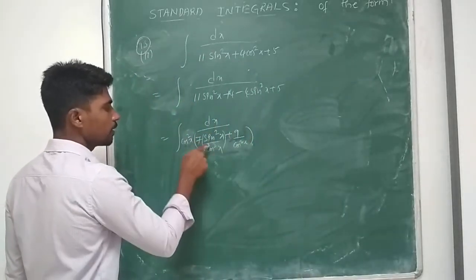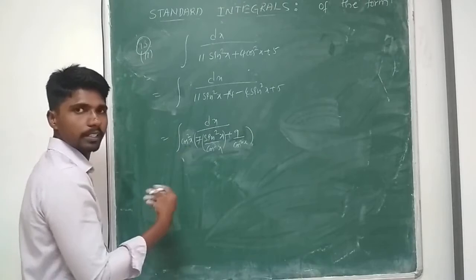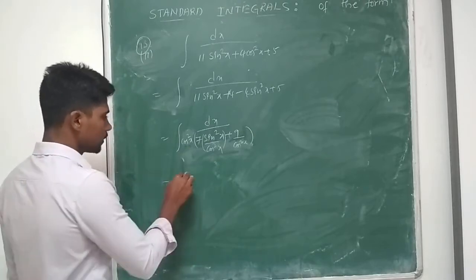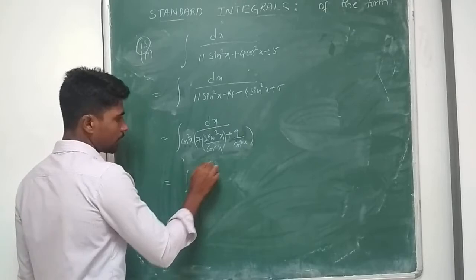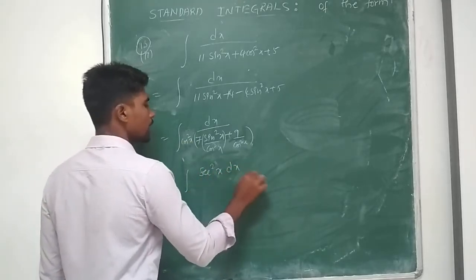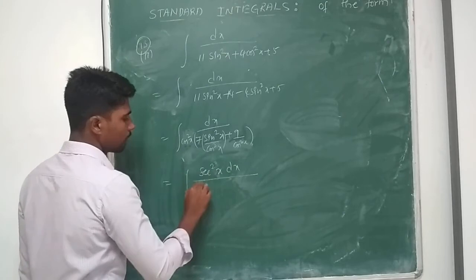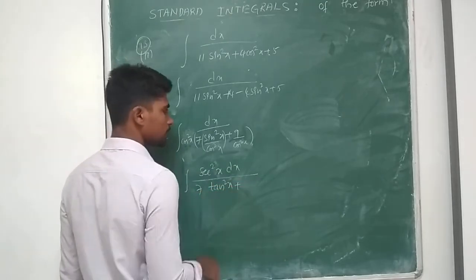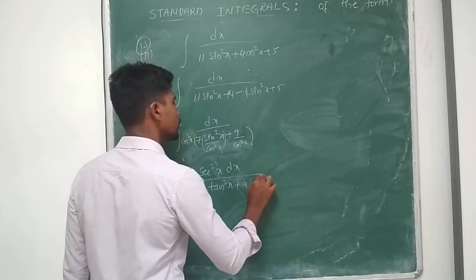Again it has a multiple of 7, so I take 7 outside as common. The integral dx by cos square x can be written as secant square x dx by 7 tan square x plus 9 secant square x.